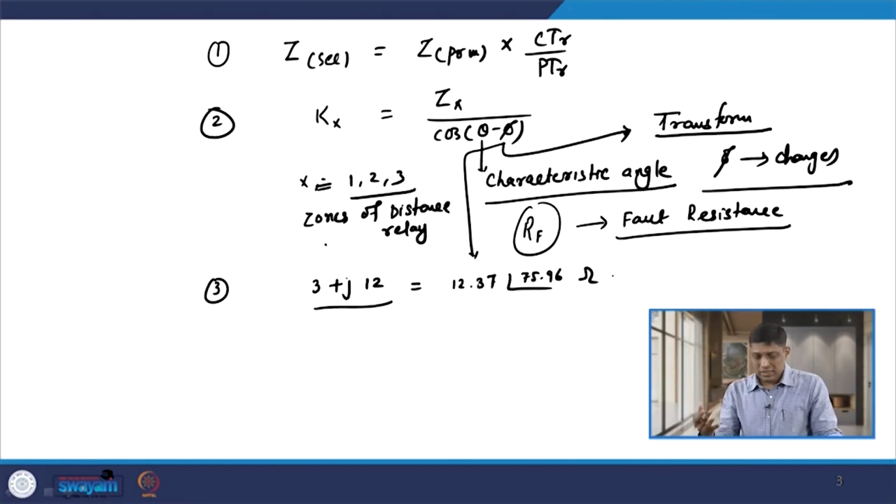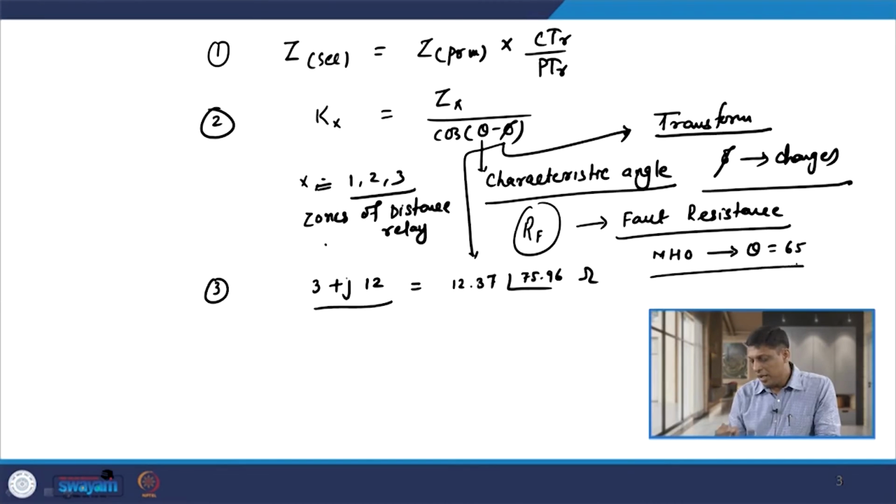Now, suppose we are utilizing a mho characteristic with characteristic angle theta equal to 65 degree. Suppose this characteristic is also able to incorporate fault resistance RF, equal to, let us say, 2 ohm.